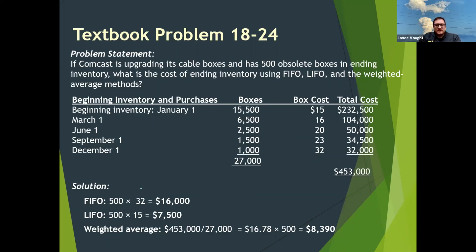So if Comcast is upgrading cable boxes and has 500 obsolete boxes in ending inventory, what is the cost of ending inventory using FIFO, LIFO, and the weighted average method?